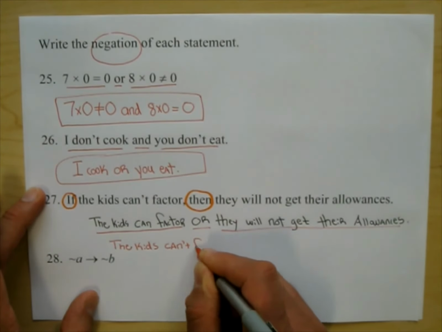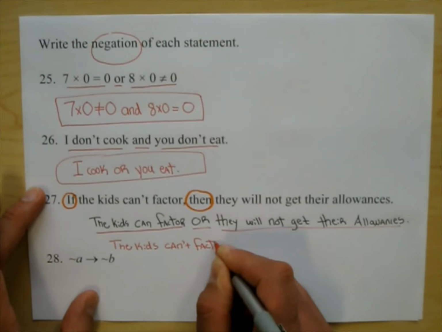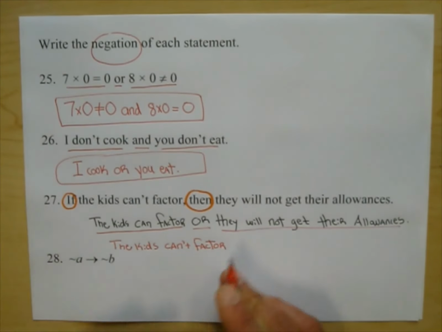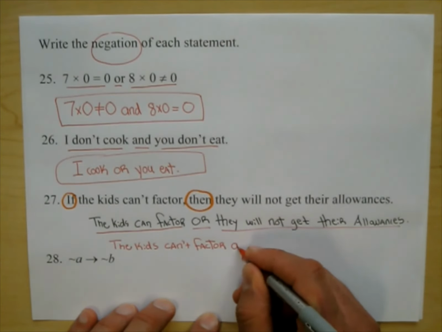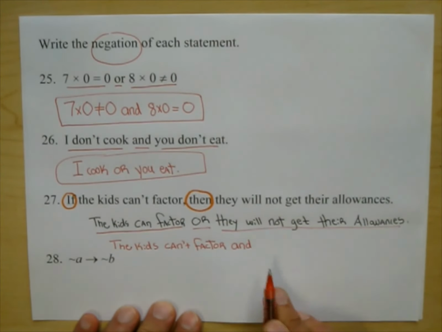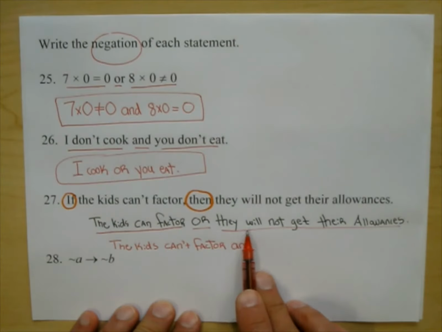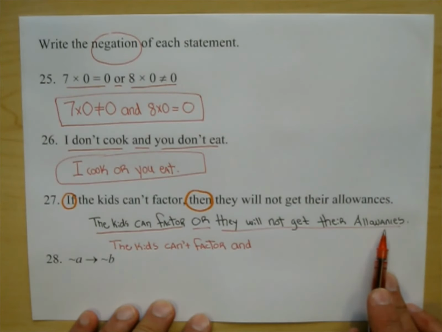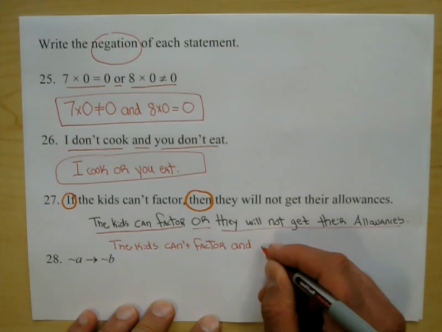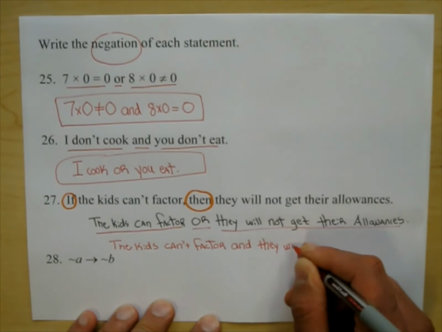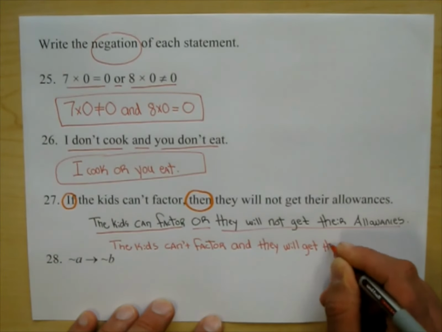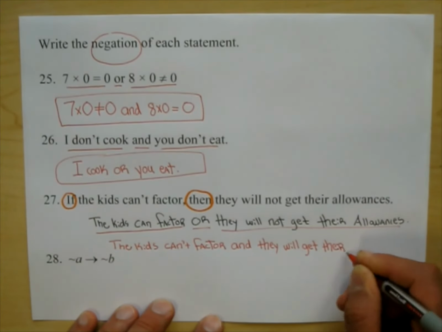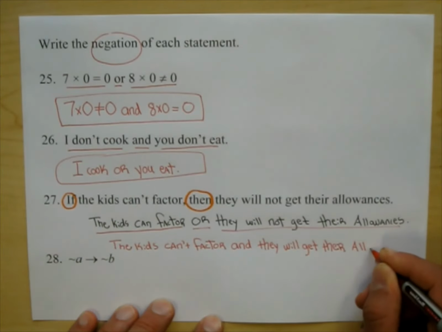Negation of or is and. Negation of they will not get their allowances, they will get their allowances. There's wiggle room in this.